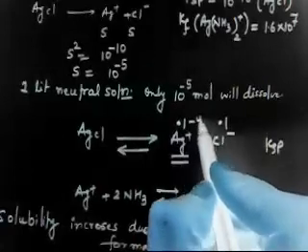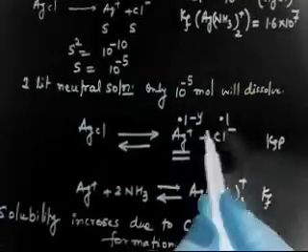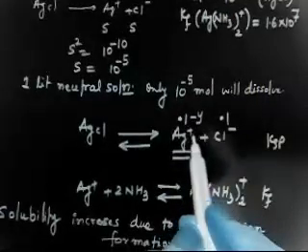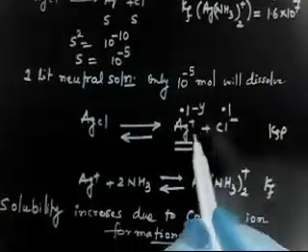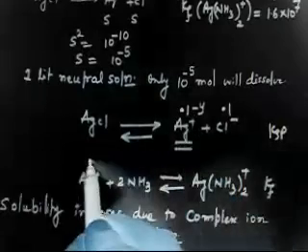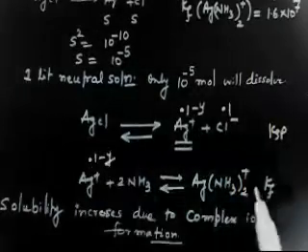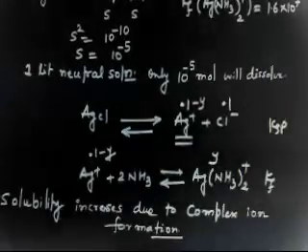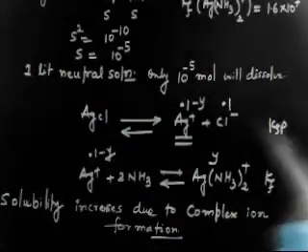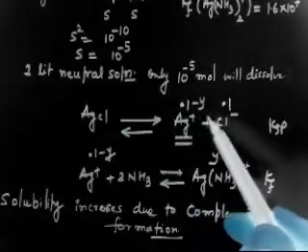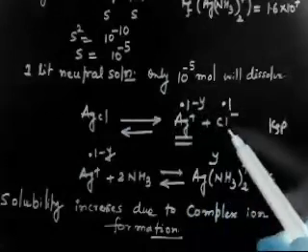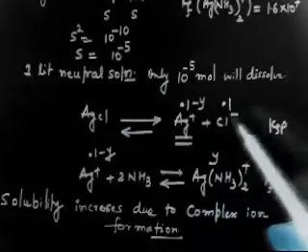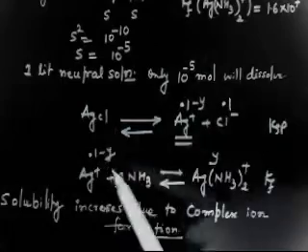I will not follow the reaction table, I will use a different method. Ag plus will be 0.1 minus b, and b will be formed as complex. So Ag plus is not 0.1, it will be different, but Cl minus will remain 0.1 because Cl minus is not used in the reaction.